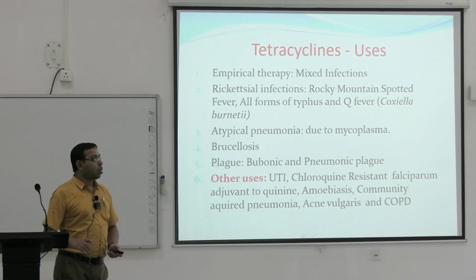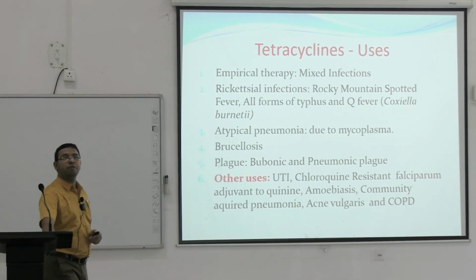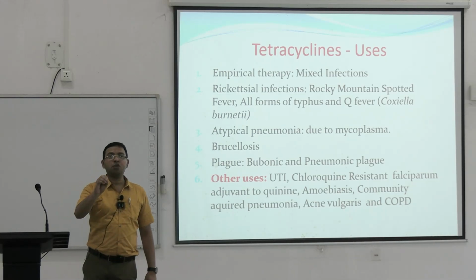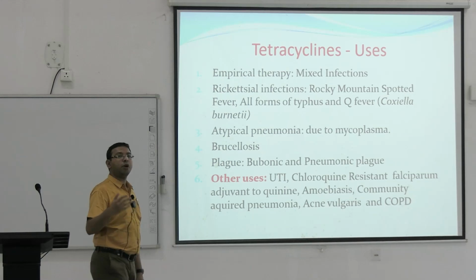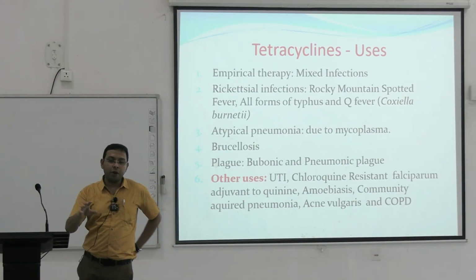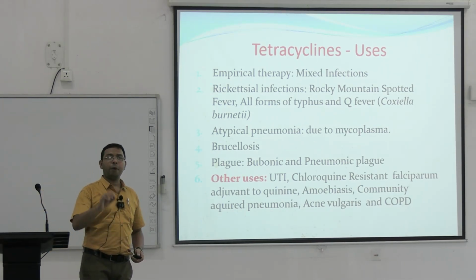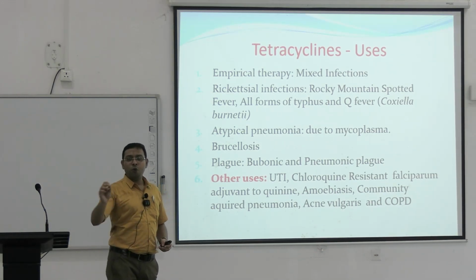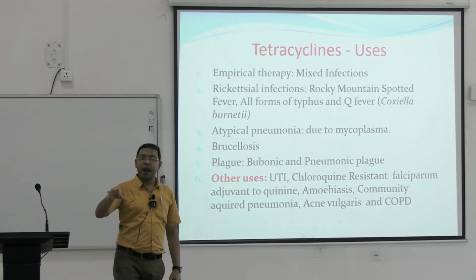Broadly, we can see that tetracyclines can be used as empirical therapy in mixed infections. What I am saying is that at first we cannot say what type of bacteria is causing the infection. We are not sure whether it is caused by gram-positive or gram-negative bacteria. Then we add some broad spectrum antibiotics, and after that different diagnostic tests are done, and once we are sure which organism is causing the infection, for example septicemia, whether gram-positive or gram-negative, we can narrow down the antibiotics.